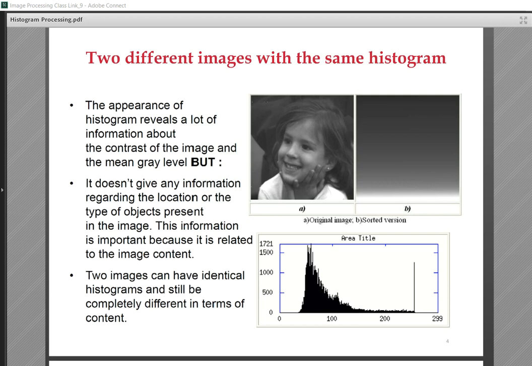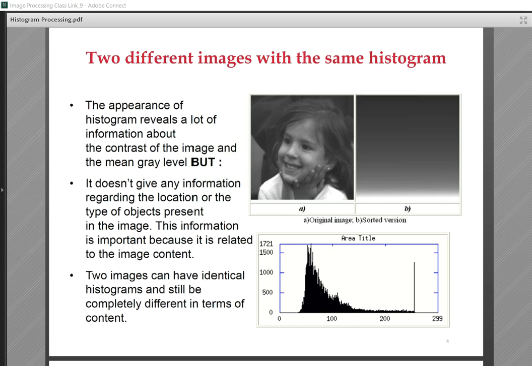Two images can have identical histograms, this image and this image, the same histogram, and still be completely different. This is completely different from this image in terms of content.